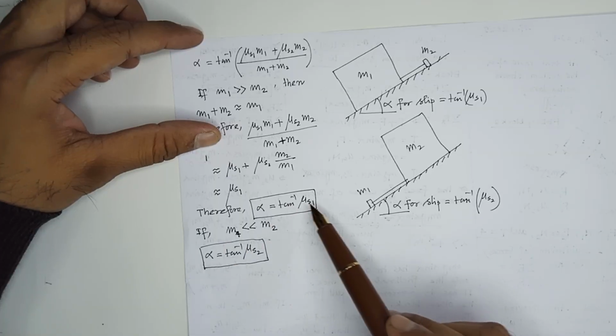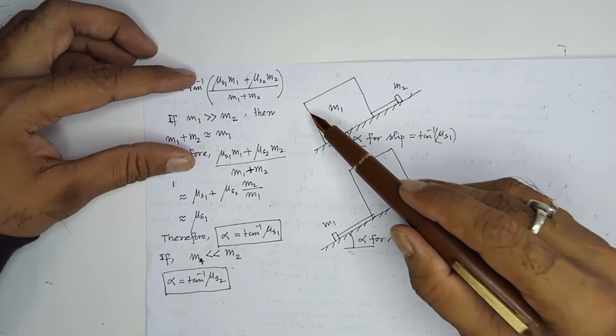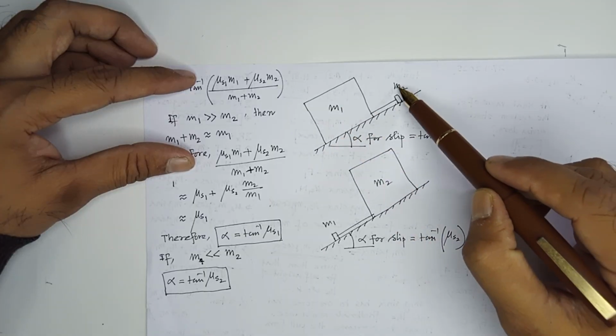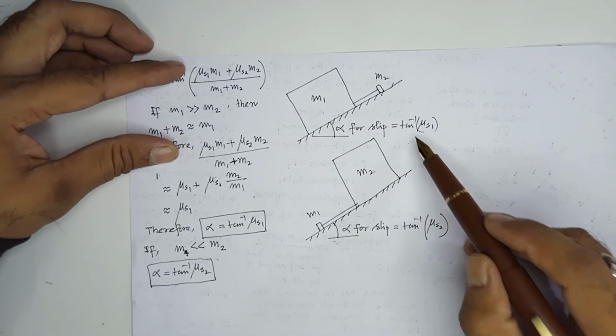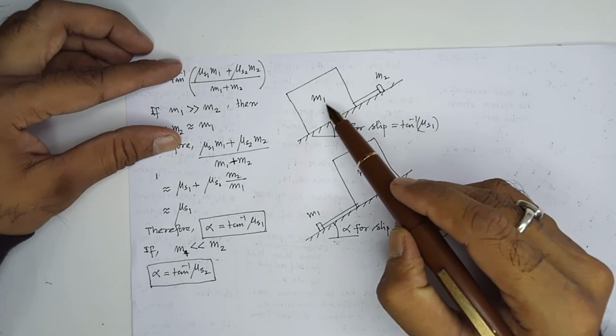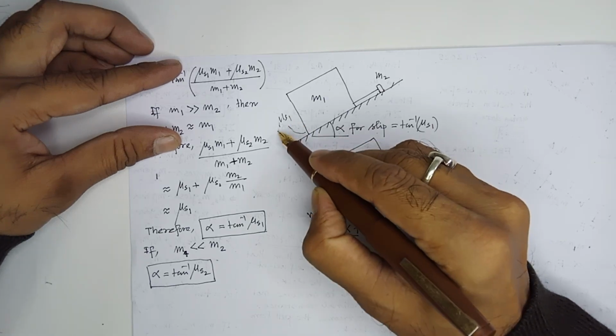Therefore alpha will be tan inverse mu s1. That means when m1 is much more than m2, the alpha for slip will be equal to the angle of repose for the coefficient mu s1.